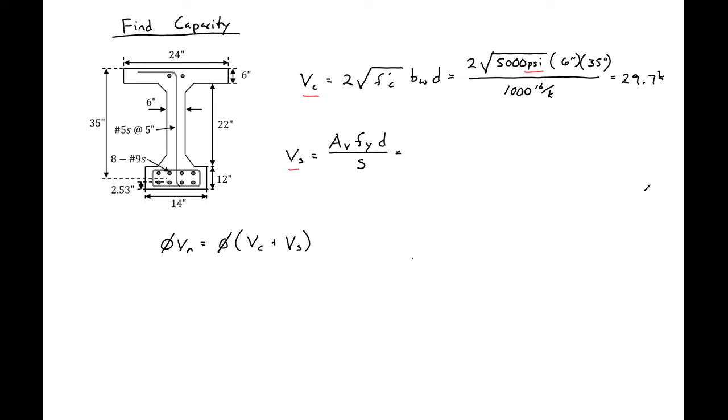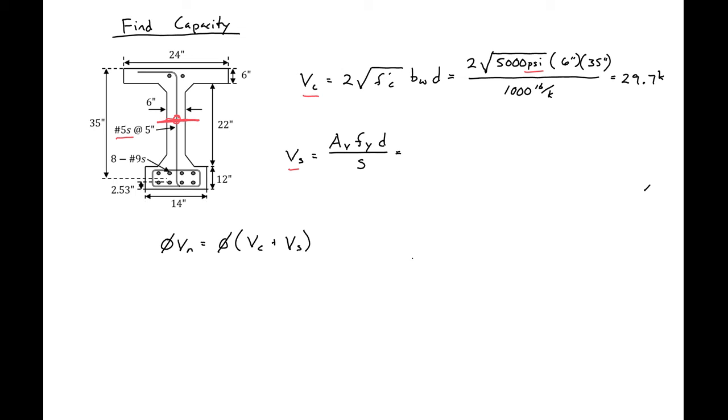So next, we need to look at, and also, sorry, I forgot to mention our BW is 6 inches. So we draw our line across the centroid of the section, and we see that the width of our section at that point is 6 inches. We can also see that the amount of steel that's crossing that plane is one number 5 bar, spaced at 5 inches.